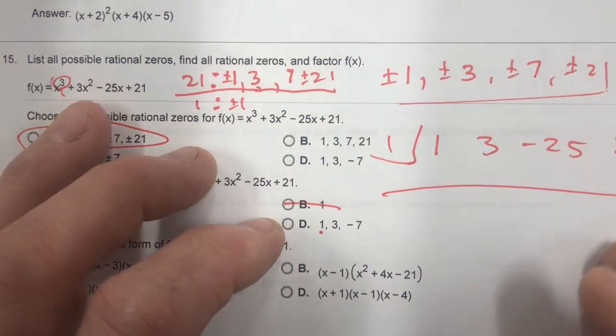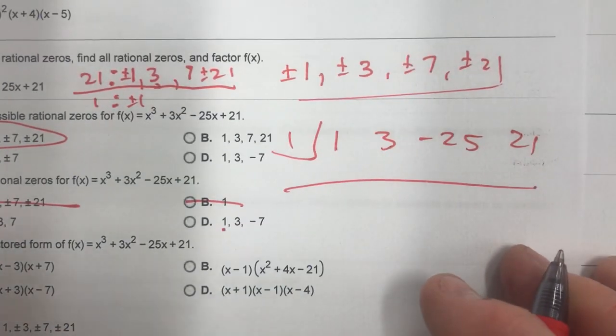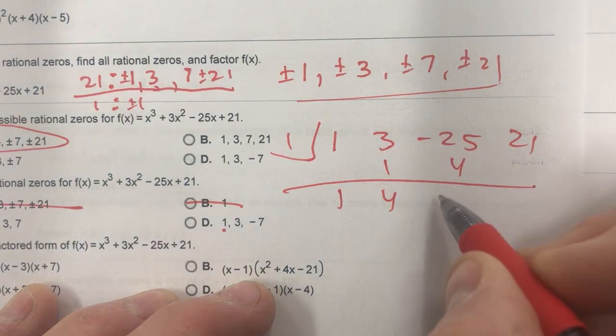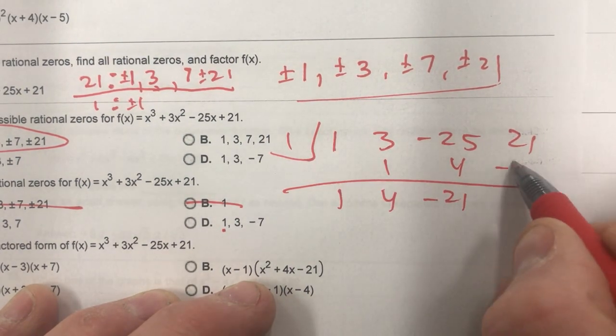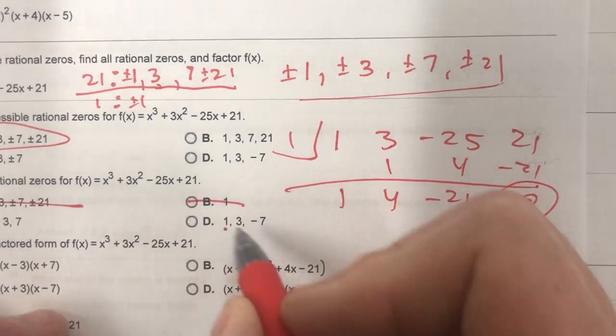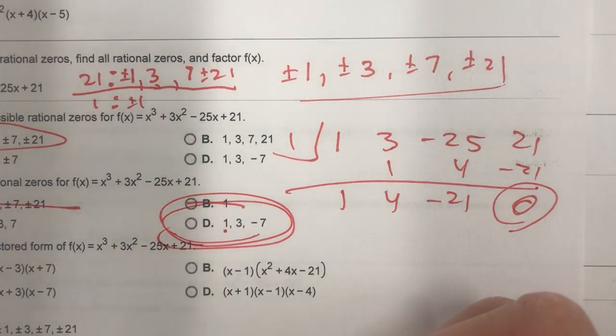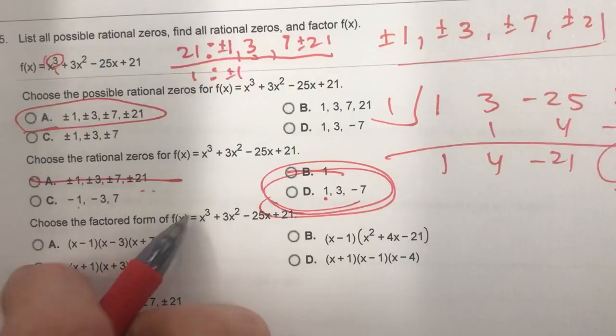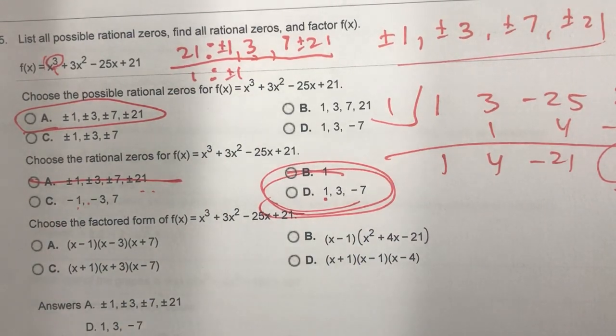And we'll put a 1 here, see if it divides it. 1 comes down, 1 times 1 is 1, add those, 4, 1 times 4 is 4, add these, -21, 1 times -21 is -21, yes. So this is right. Now if I did that and it didn't work out, then that tells me that this would be the answer over here. It had to be that one.